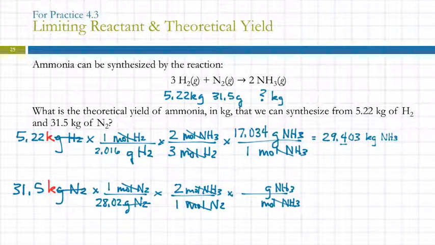It just happens. Or do it in your head, but check it on the calculator. And now look at this one. This is exactly the same factor as the first one. So there's very little thinking here. Just copy it down. We already figured it out. So then we do the math on this one, 31.5 divided by 28.02 times 2 times 17.034.